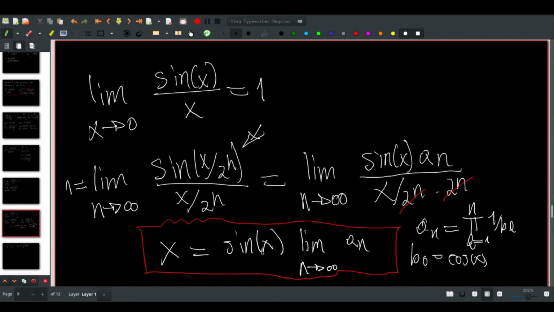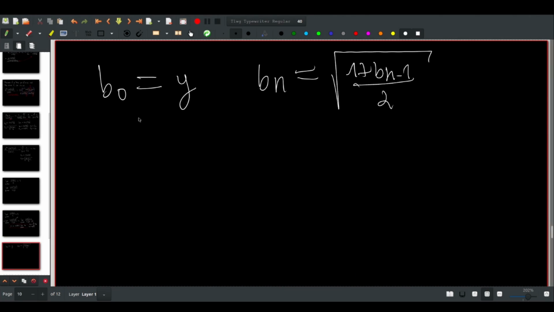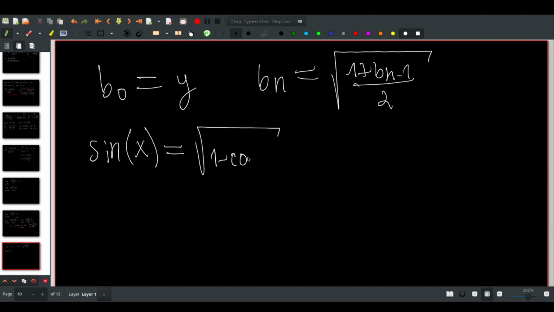For example, sine of x. Well, notice that b_0 was our cosine. So previously sine of x, one can also write as the square root of 1 minus the cosine squared of x.